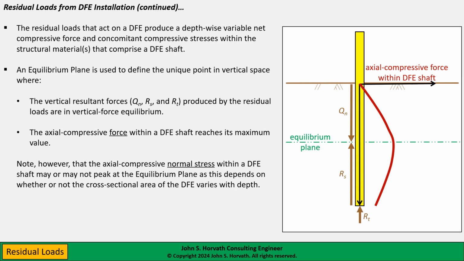This depends on whether or not the cross-sectional area of the DFE varies with depth. So you have to be very careful. I've seen people make the mistake of always assuming that the stress in the DFE shaft peaks here as well. It may not. It depends on the geometry of the DFE. And again, I will show you with case histories later on what I'm talking about here.